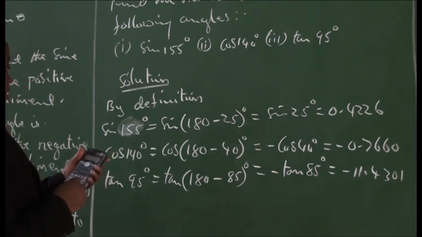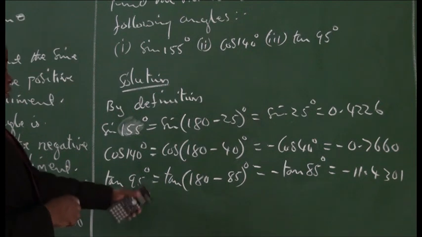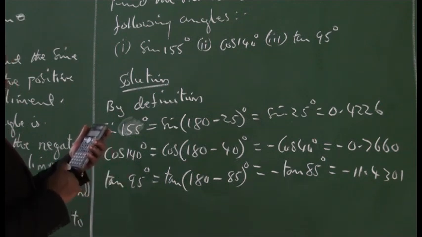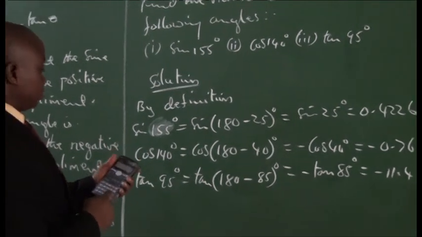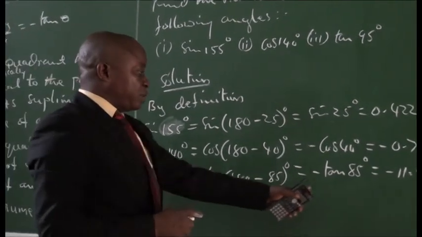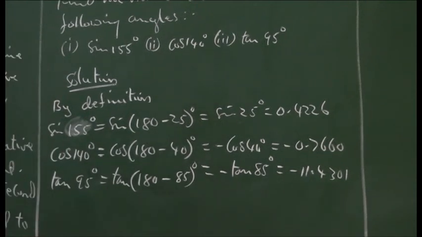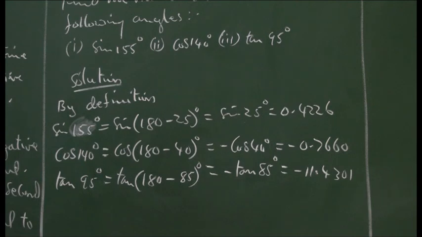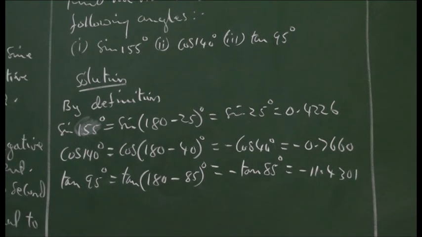All right? Then tan 95 degrees gives you the same as minus tan 85 degrees. All right, so that is the definition in the second quadrant.